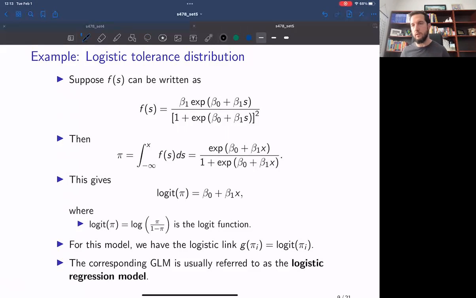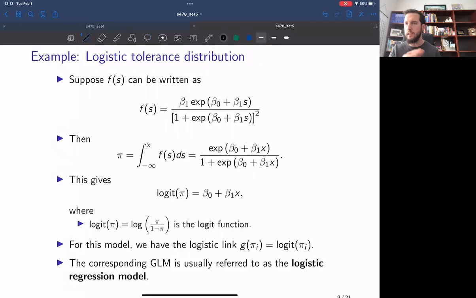And this is the logistic regression model, which is probably the most popular and most common type of binomial GLM. Actually, I think in R, this is the default binomial GLM. So you actually have to specify if you want to use the probit or the complementary log-log models within the GLM function, but it by default will fit this model to the data.